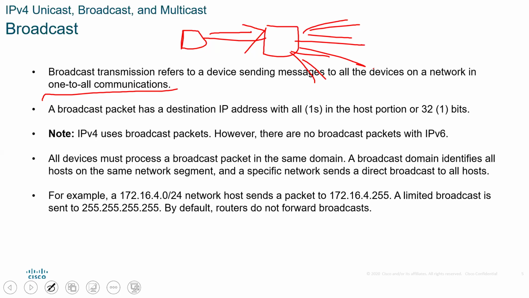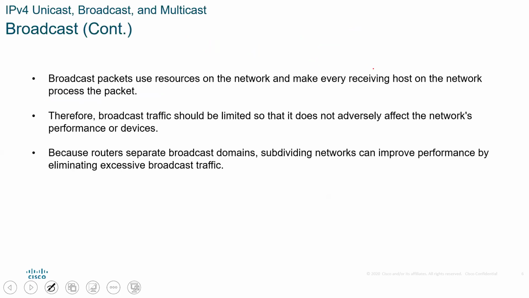Broadcast packets use resources on the network and make every receiving host on the network process that particular packet. Therefore, broadcast traffic should be limited so that it does not adversely affect the network performance or devices.